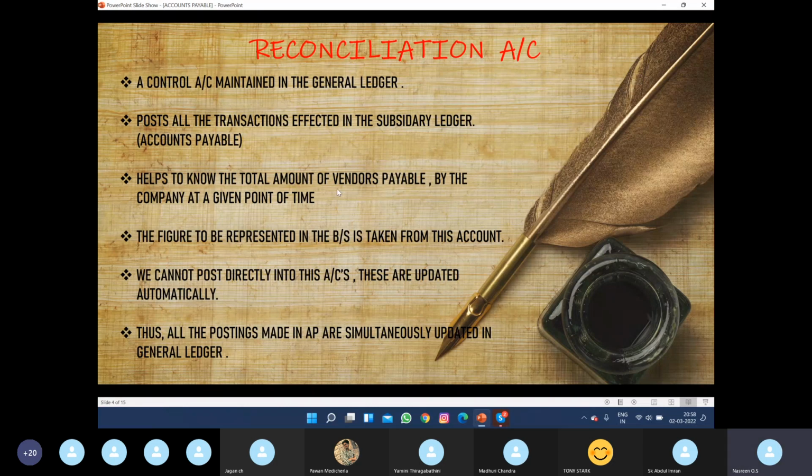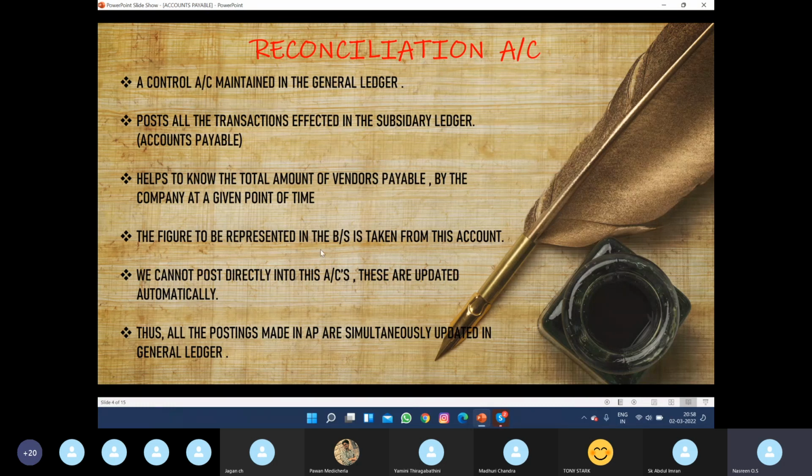It helps to know the total amount of vendors payable by the company at a given period of time, which means we can know the amount that is payable to a particular vendor with the help of this reconciliation account.